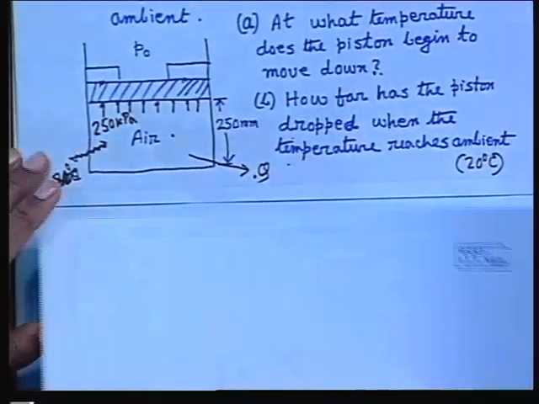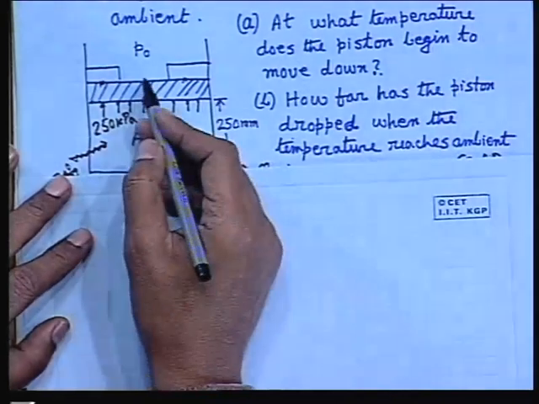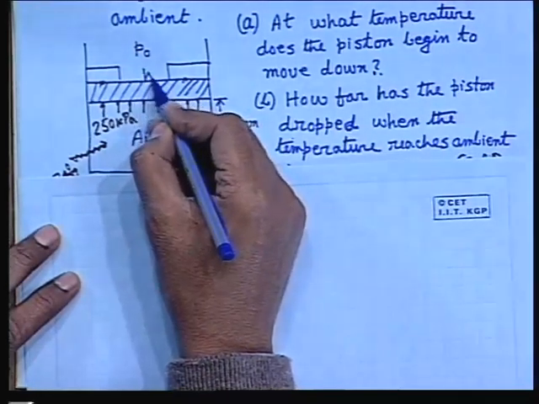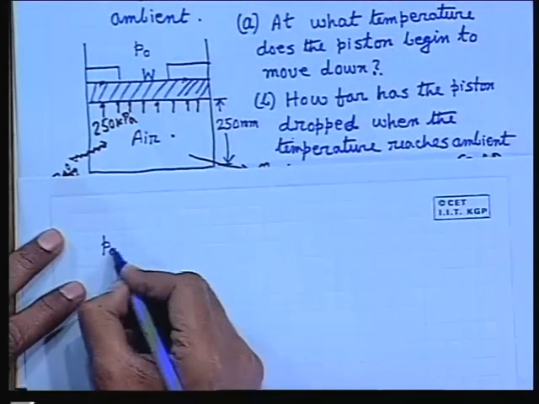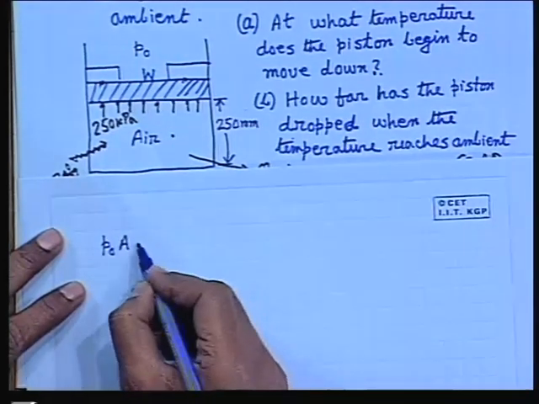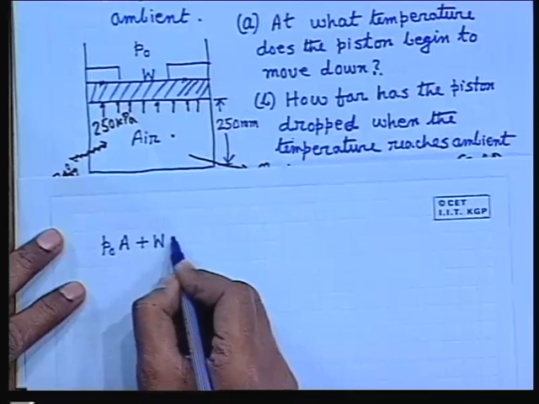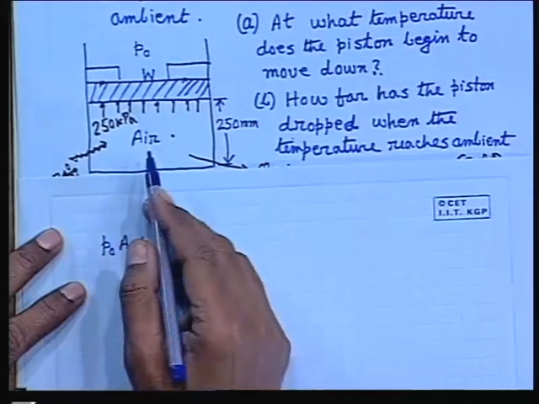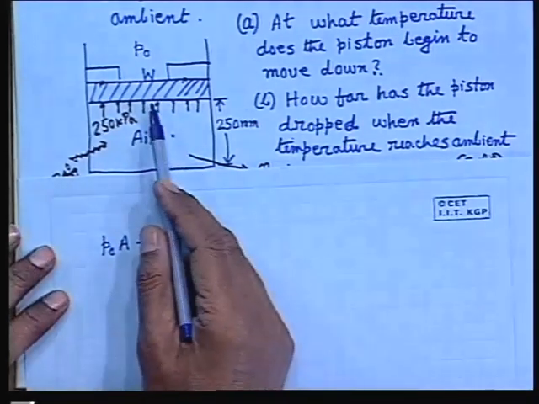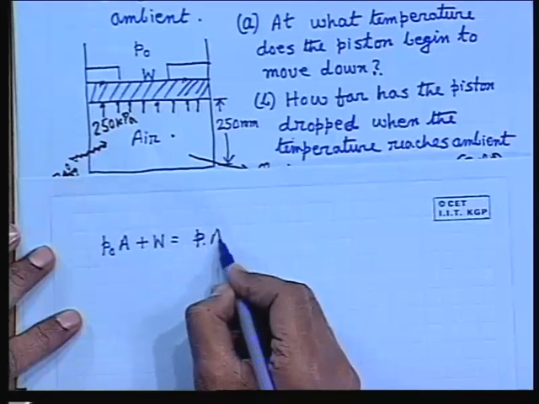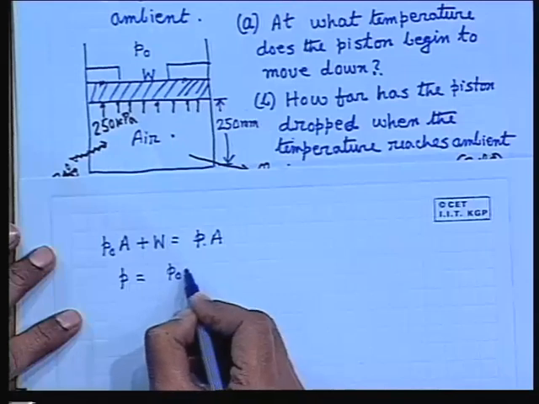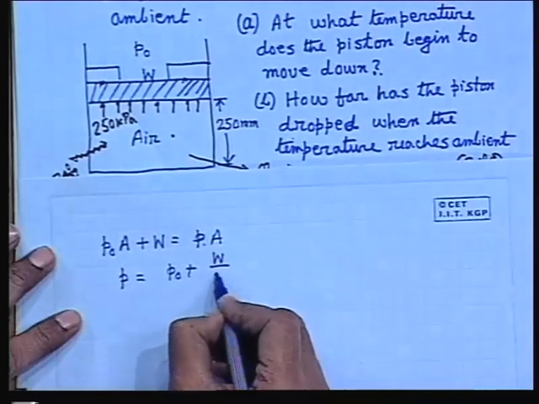So what is this pressure? Calculate. Now let me write in terms of atmospheric pressure P0 and all these things. Let the weight of the piston be W. So can I not write P0 times A, where A is the area of the piston, plus W, equal to the pressure P when the piston will be in a position to descend down, times the area A. So therefore P is equal to P0, that means the atmospheric pressure, plus the pressure due to the weight of the piston.